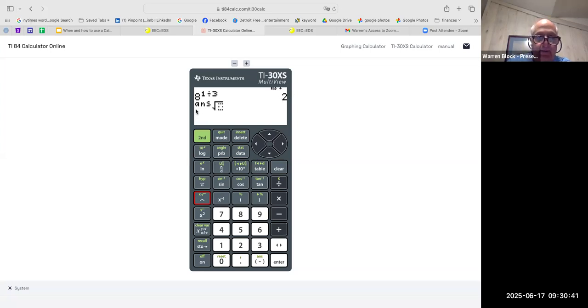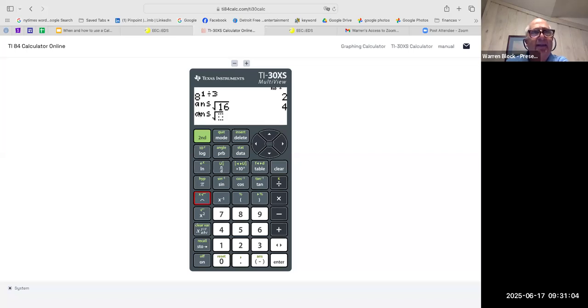So if I do 16, I should get 4. If I want the 4th root, so second 4th root, now I'm using the 4 as my radicand.